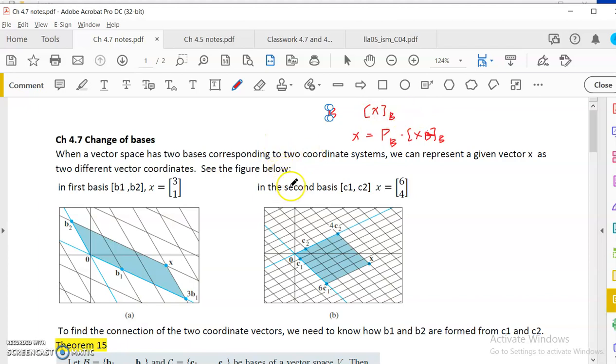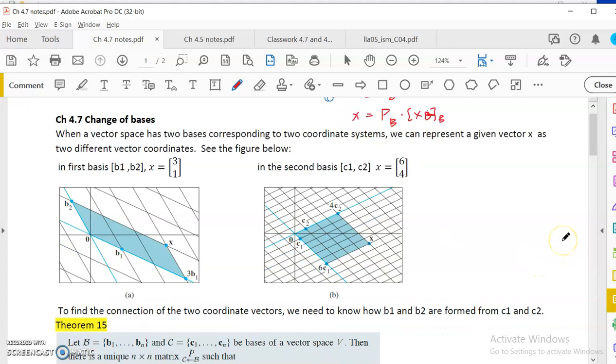In 4.7, we are looking at two bases for the same vector space V. For example, in a vector space of two dimensions, the basis would have two vectors. The first one is called B, and consists of B1, B2.